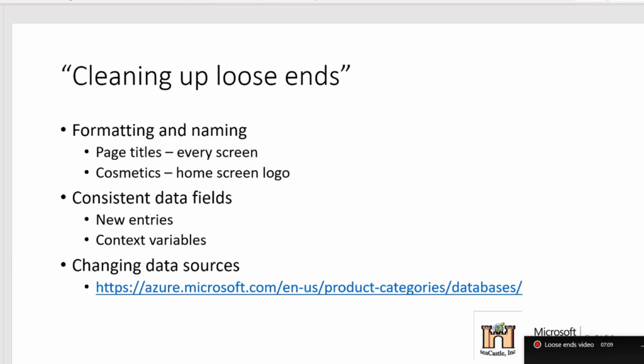Right now, there may or may not be some issues. I've gone through, without you here on my shoulder, cleaning up some of the loose ends, such as the page titles, but there might be some that are missing. We need to double check that there is a consistent use of data across our application, because we added a home page that allowed us to create new entries, for instance, with the customer name, we called it brand name.